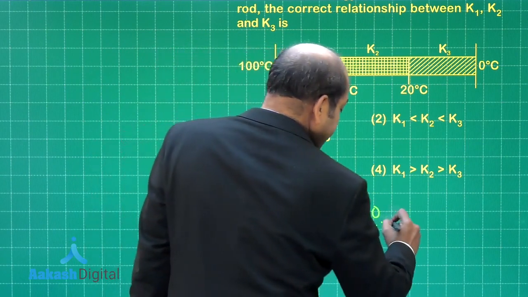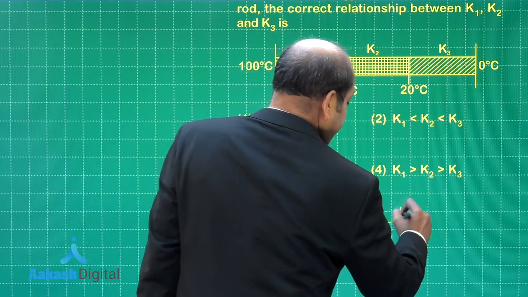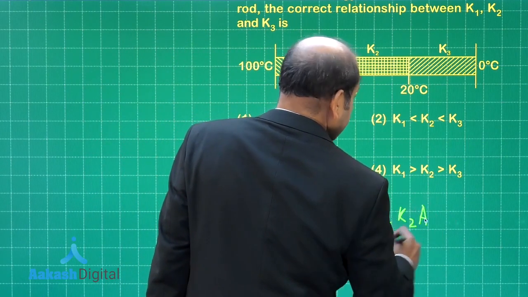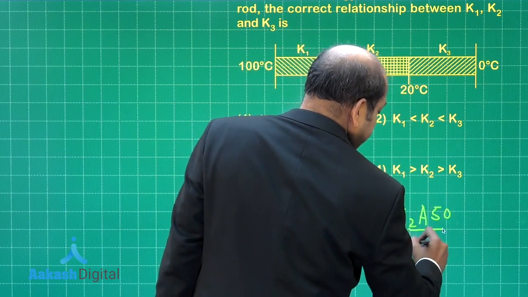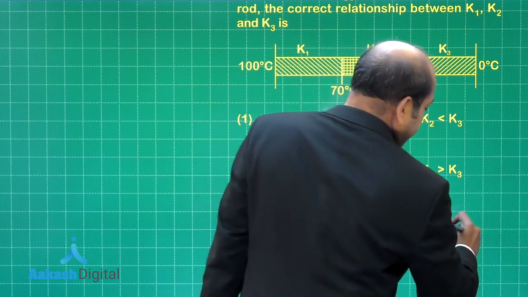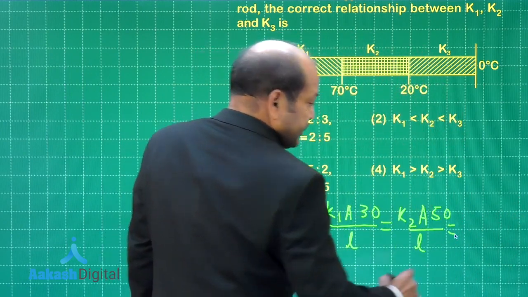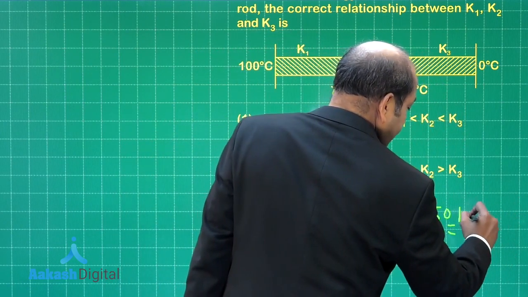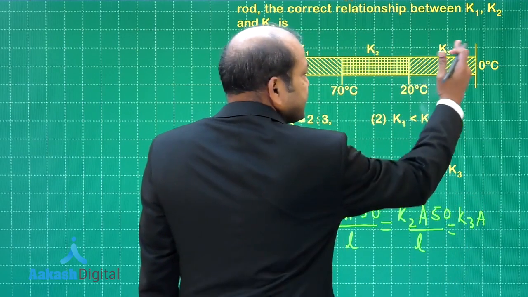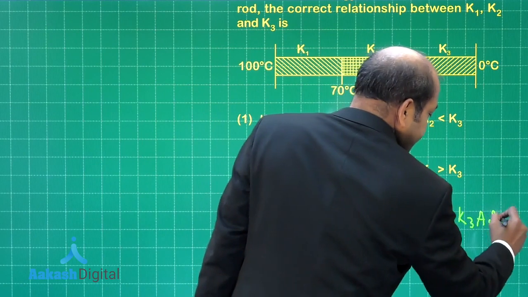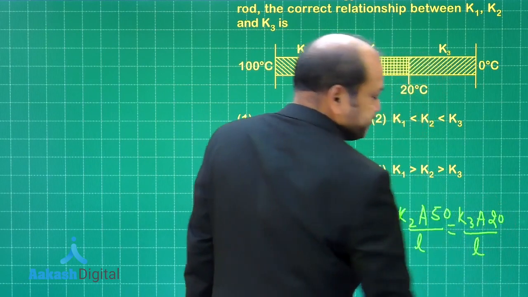Similarly, for the second segment it is given as K2 into area of cross section into the temperature difference, which is 50 degree C, divided by length L. And finally, for the third segment this is the same as K3, the thermal conductivity, into area of cross section and the temperature difference is 20 degree C, divided by L.